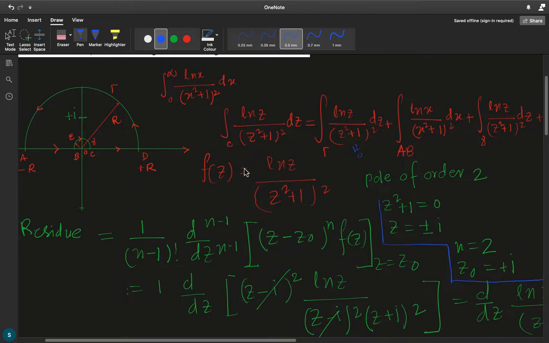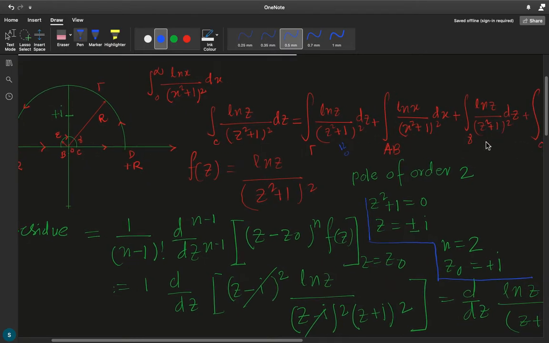Again, when epsilon tends to 0, that means the radius of the inner circle is very small, then the integral over gamma again goes to 0.